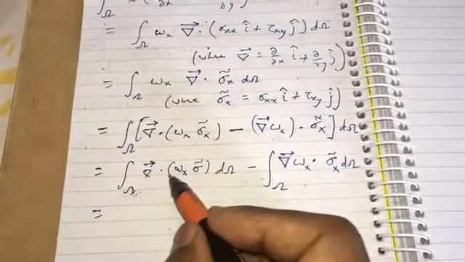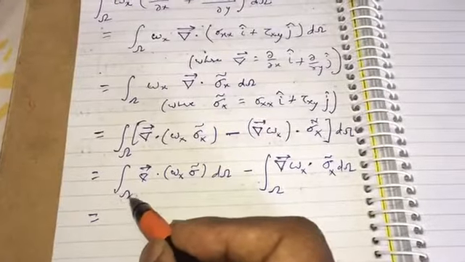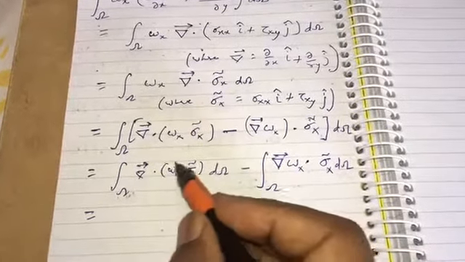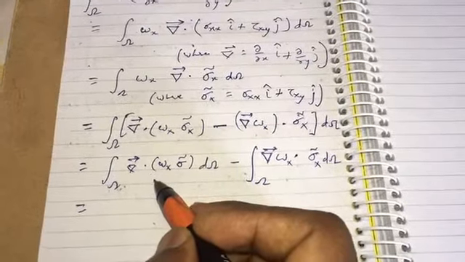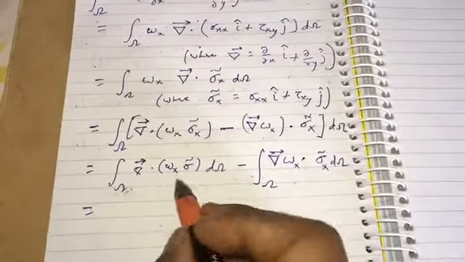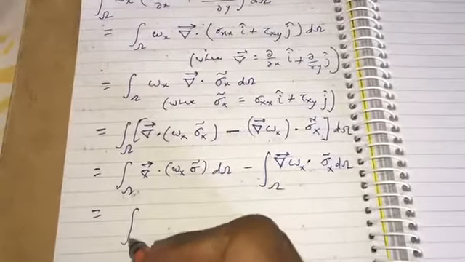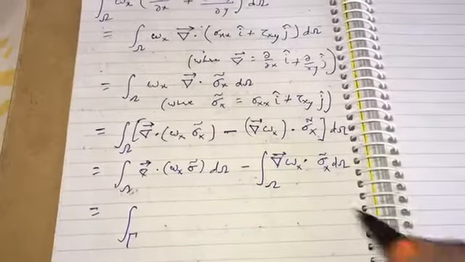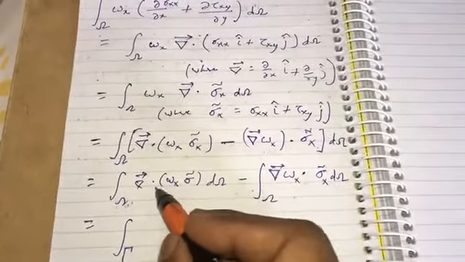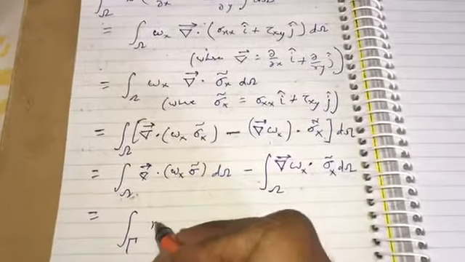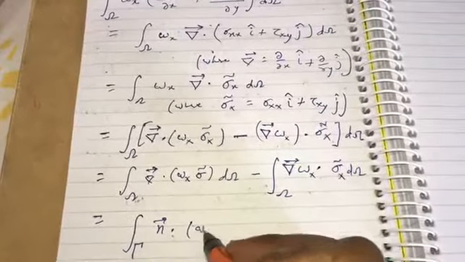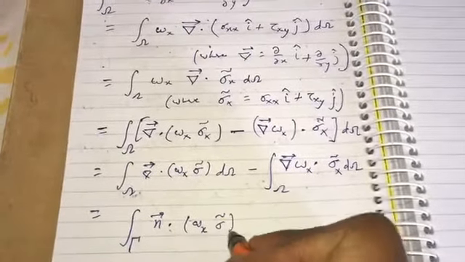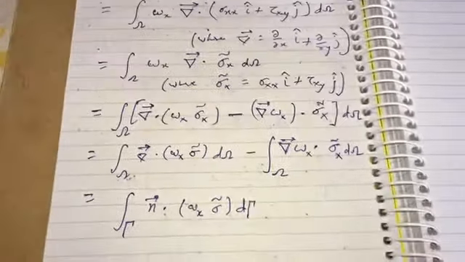So the integration over the whole domain omega is converted into integration over the boundary gamma, which is simply n dot wx sigma x d gamma.